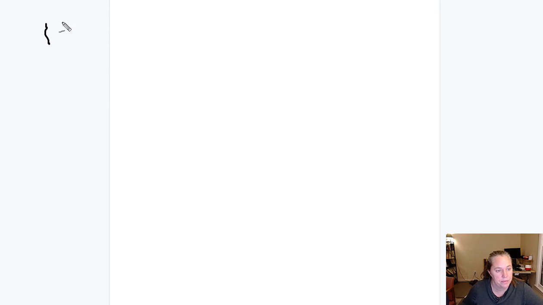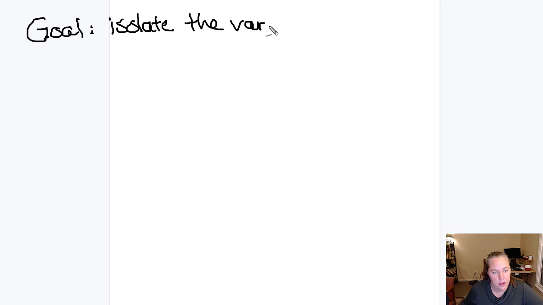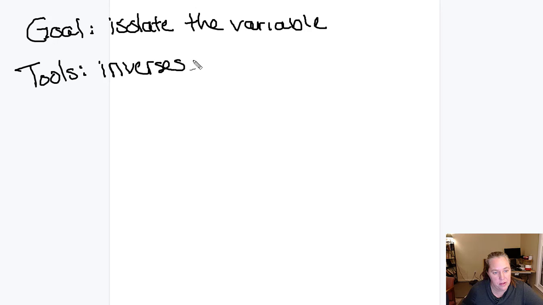First, our goal is to isolate the variable. Our tools are inverses, which means opposites.